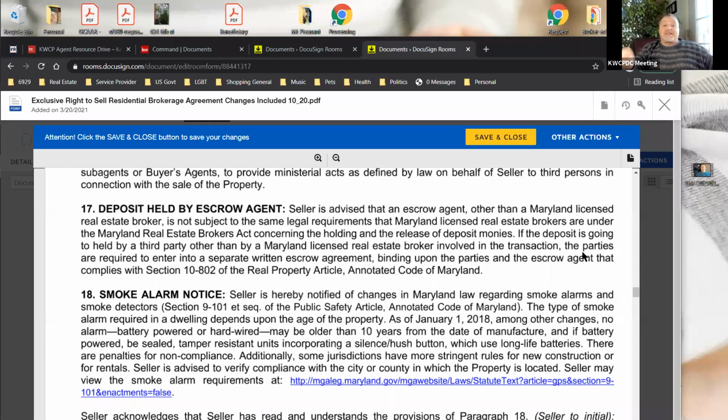And you simultaneously have an obligation to report that to your supervising broker. By reporting the fact that your buyer did not deposit the earnest money when they said they were going to, you are now removing yourself from liability by having reported it to your broker and to the other side.